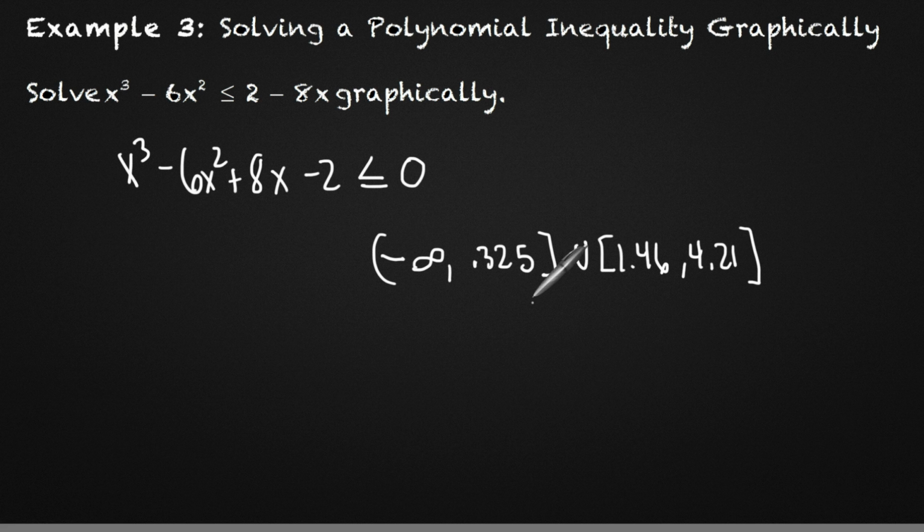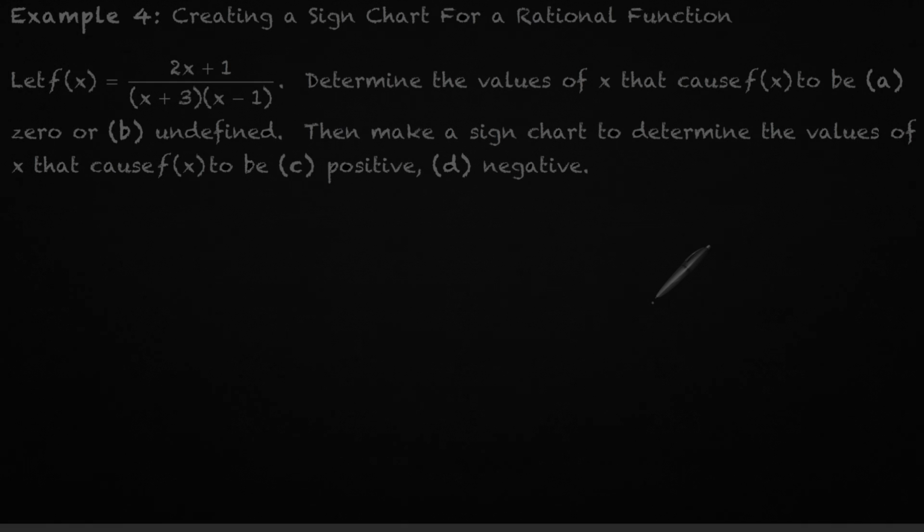This would be how we would write our answer, negative infinity, comma, 0.325 with a bracket because we're interested in when it's less than or equal to 0. And union with bracket 1.46, comma, 4.21 bracket. Brackets because on 1.46 and 0.325 and 4.21, it is equal to 0 at that point. So we want to include brackets.